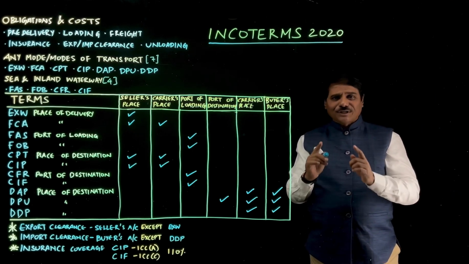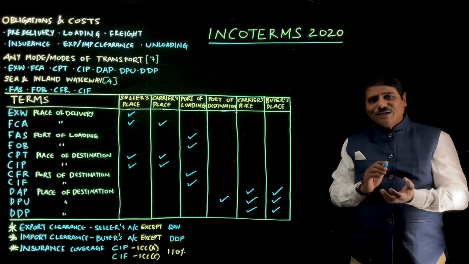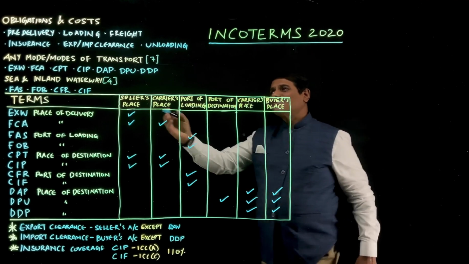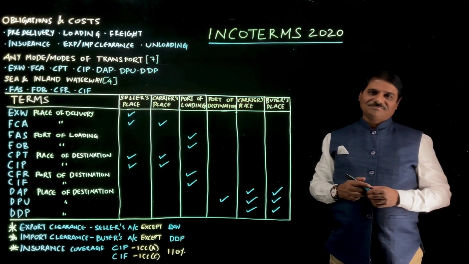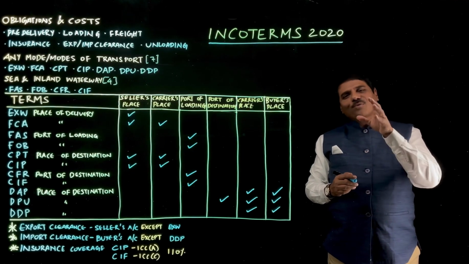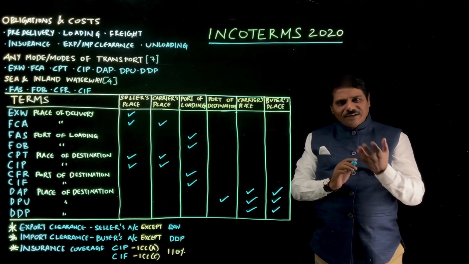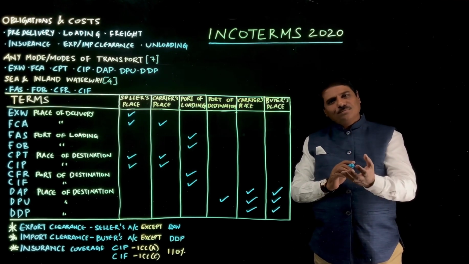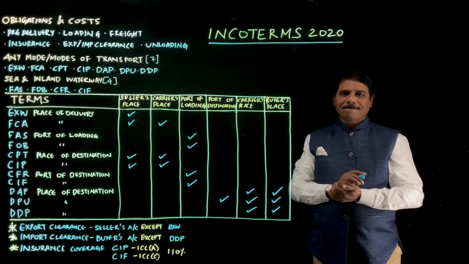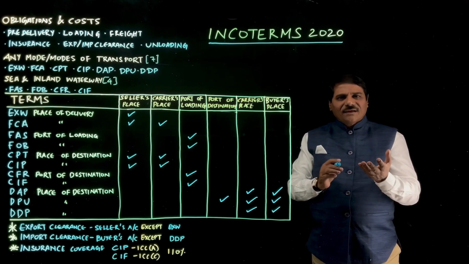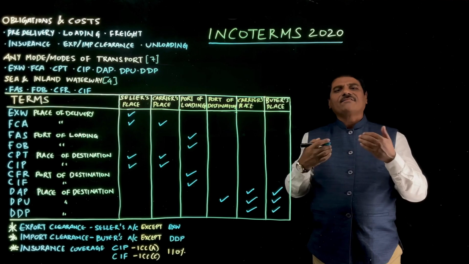Suppose you are exporting goods through container, then you need to apply these terms only, any mode or modes of transport. Those terms are appropriate, even if the containers are moved by sea and the main carriage is by sea, but the seller is handing over the container in the container yard or container freight station.